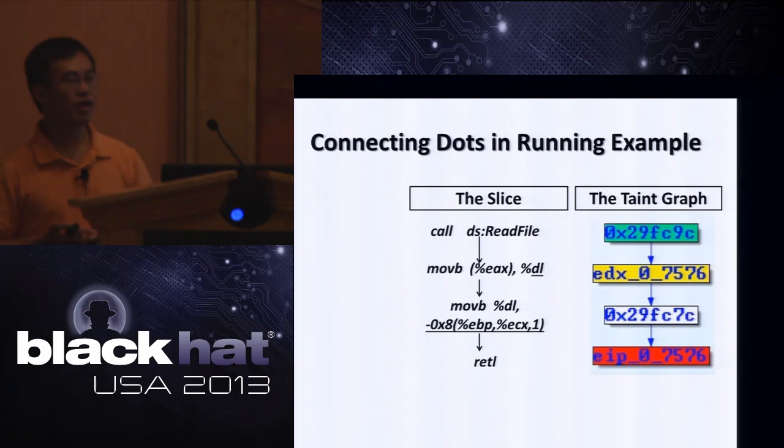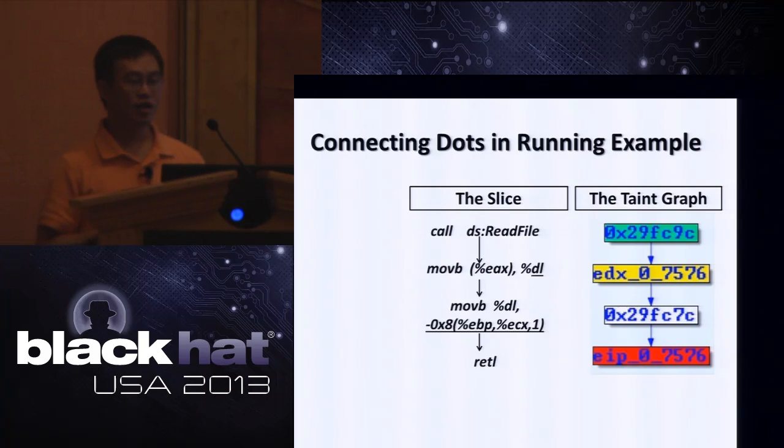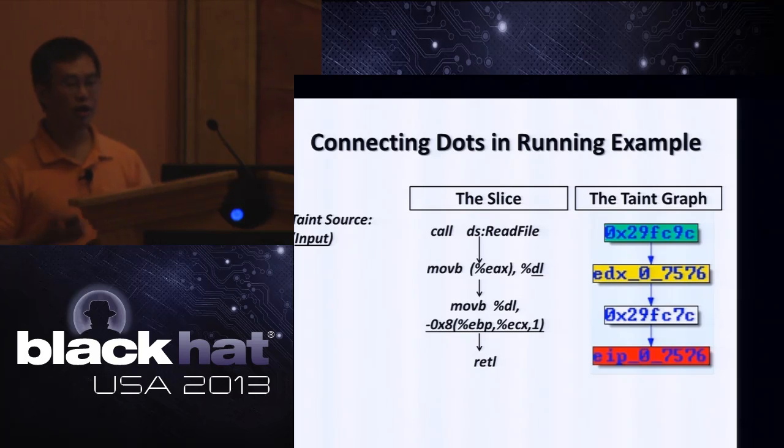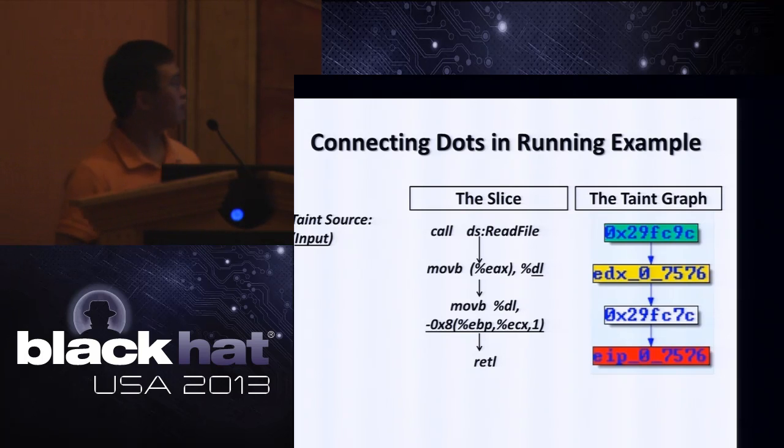So back to our running example, if you see what it's for in this shorter example. We have the taint source. That's the data we read from this instruction, read file. And on the right side, you see the taint graph.